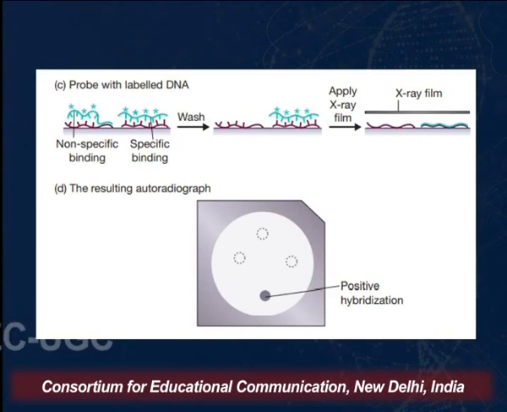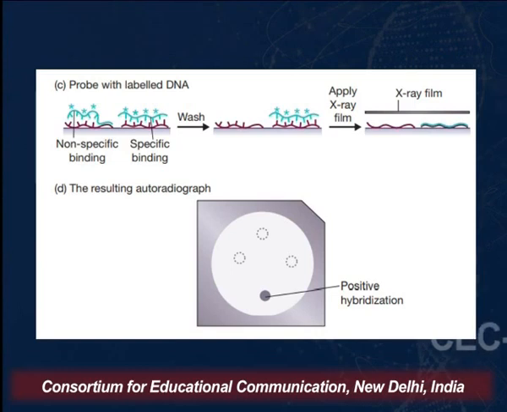The second part is that you introduce a probe, which is a labeled DNA. What is a probe? Probe in English means basically something to investigate. So this probe is investigating which of the colonies, or which of the DNA now on the nitrocellulose membrane, is the recombinant DNA carrying our gene of interest.